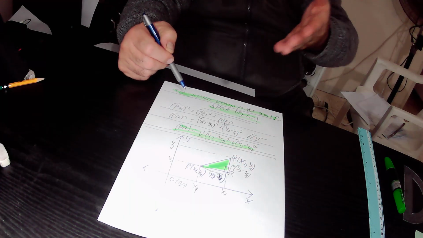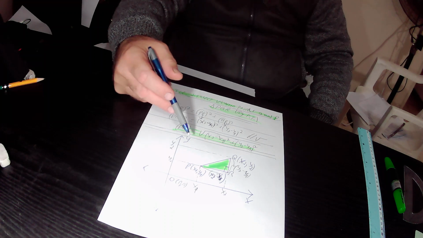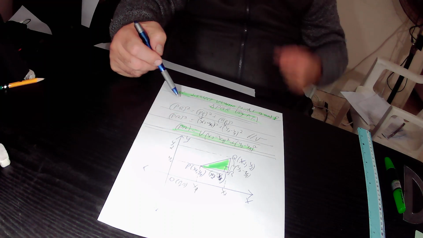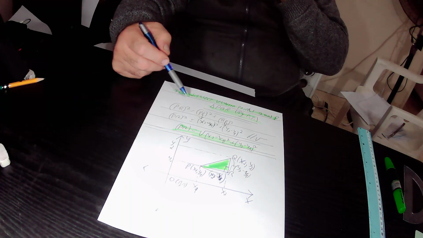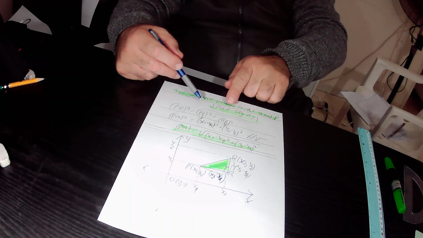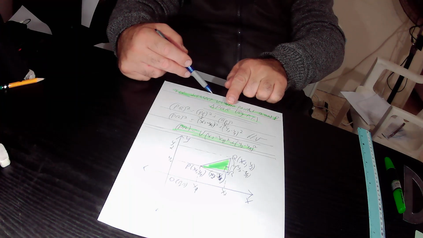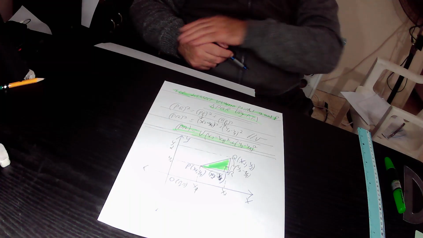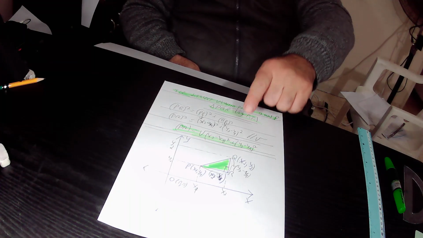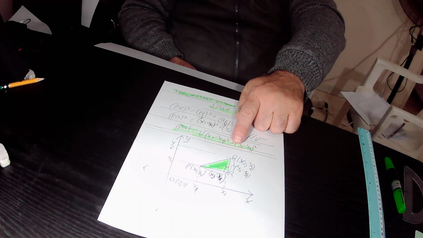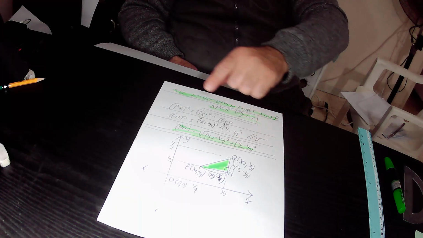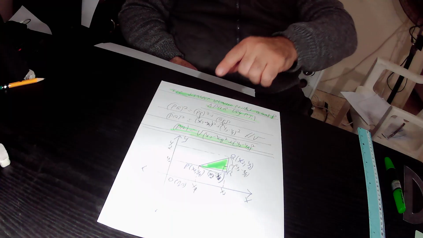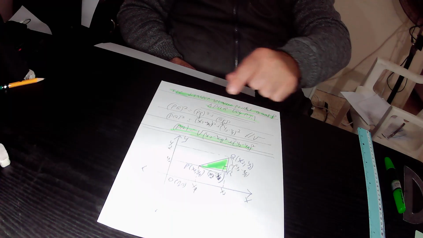Repeat again, according to the Pythagoras theorem, in this green right triangle PQR, PQ squared, that is the square of the hypotenuse, equals PR squared plus QR squared. So PQ is the unknown hypotenuse, so PQ squared equals PR squared.